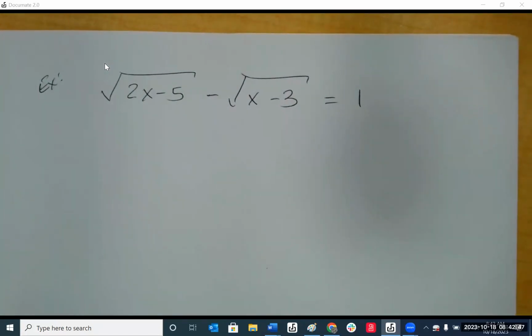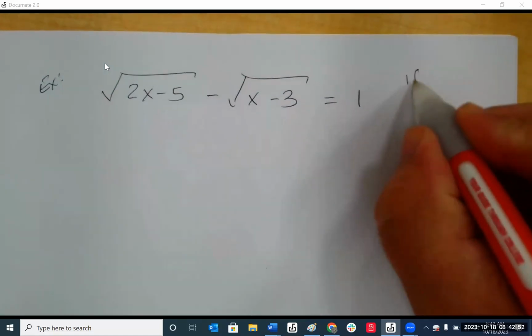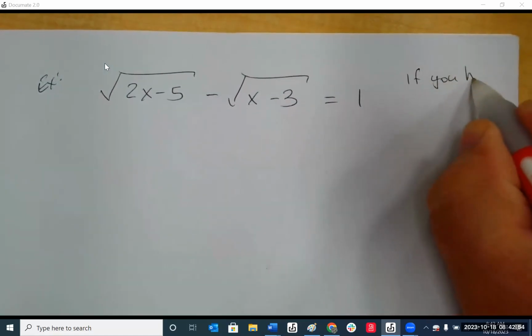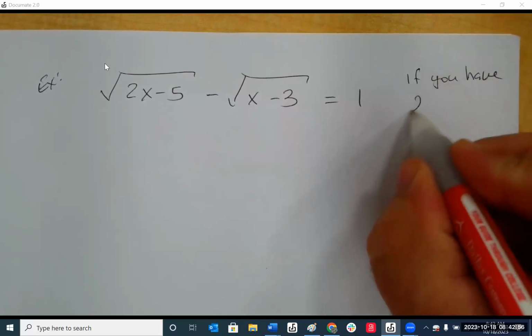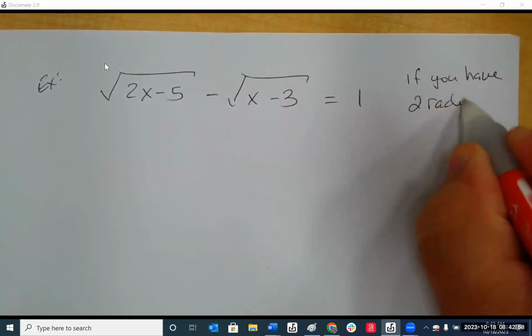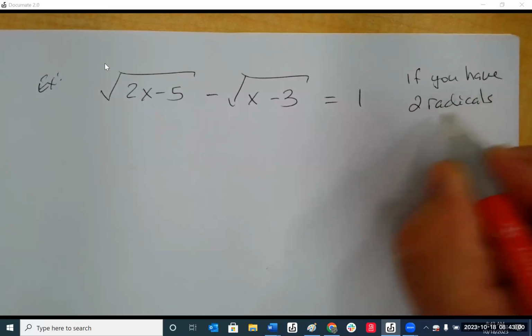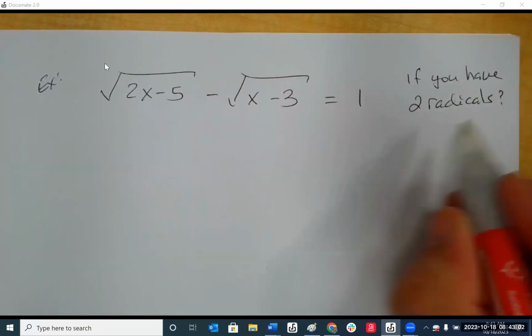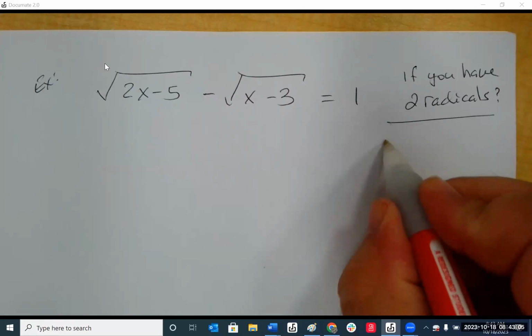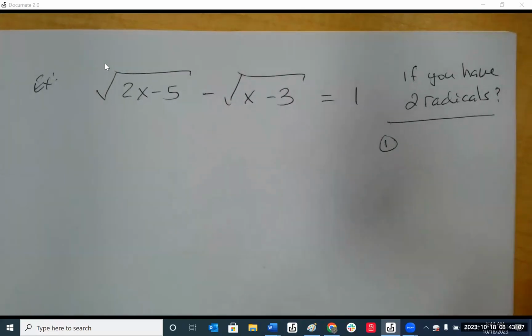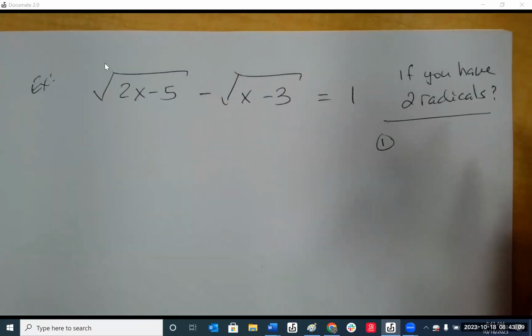What if we had 2 radicals? If you have 2 radicals, we have to do the process twice.